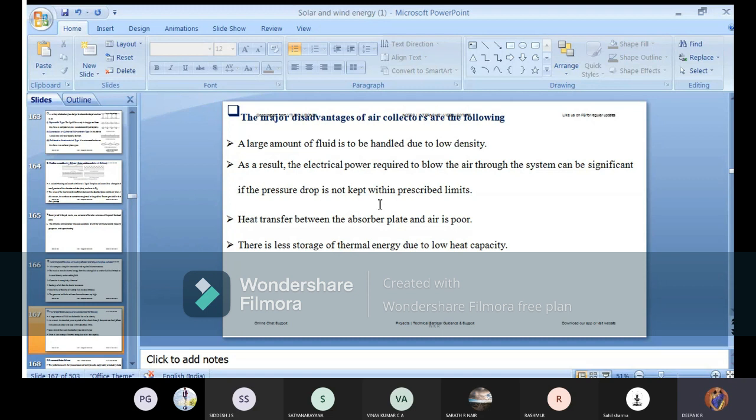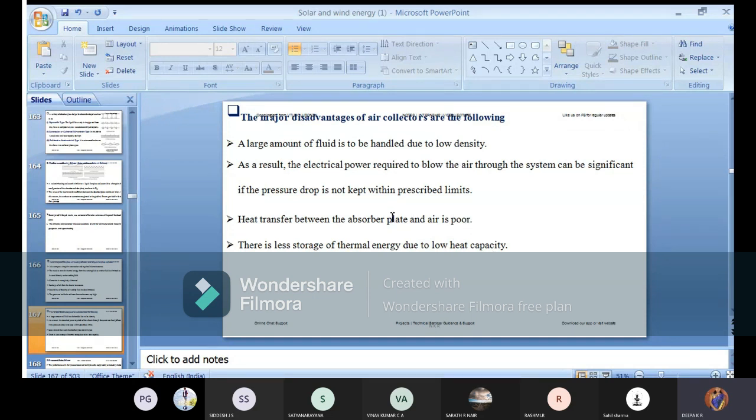And if the absorption or transfer of heat goes down, what will happen to the capacity? What will happen to the output heat you get from the device? Definitely there is less storage of thermal energy due to low heat capacity. They are connected one to one.